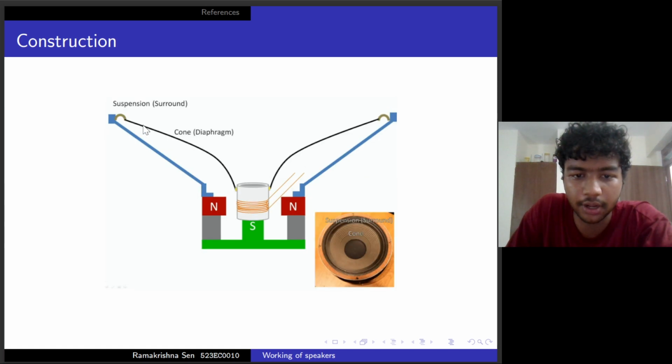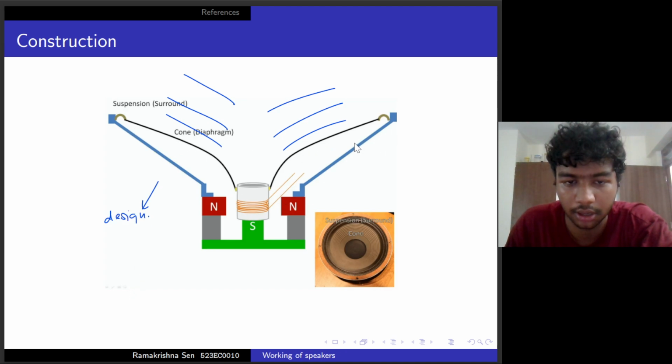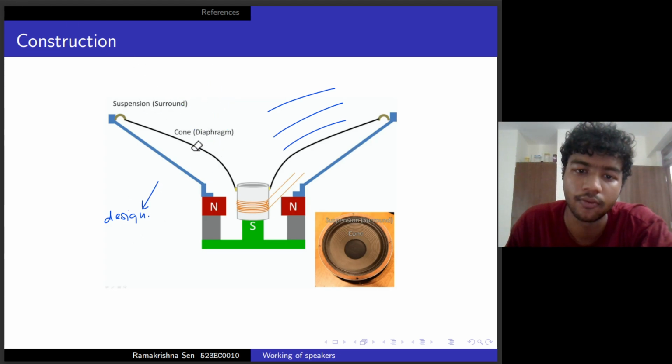On top of that frame, we will add the cone or the diaphragm. Now, this diaphragm is the one responsible for creating the oscillations. The design part of this is very crucial because the way you place these diaphragms is also critical. There are instances of destructive interference when the diaphragms are placed wrong.